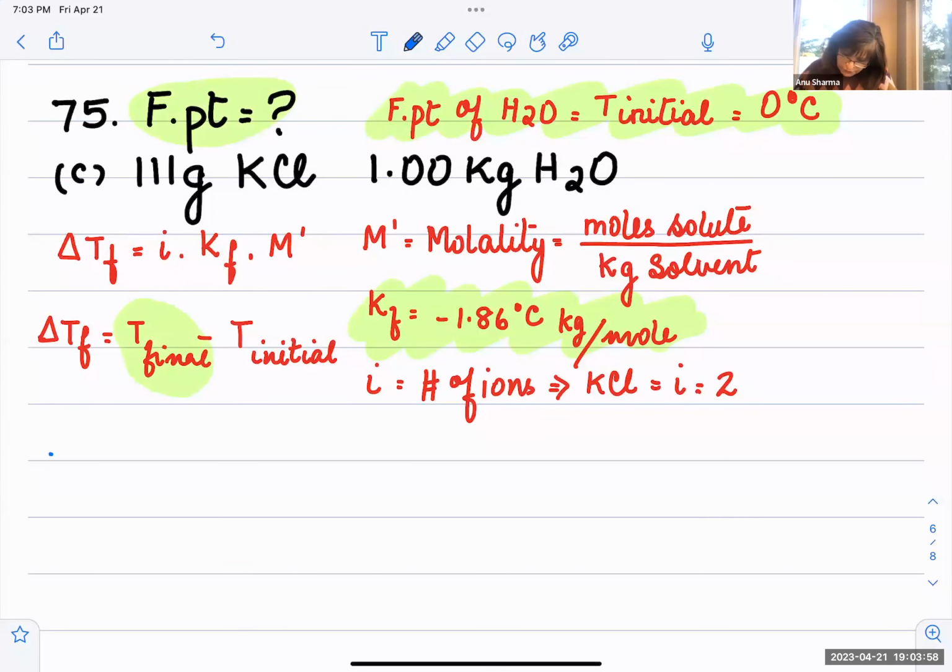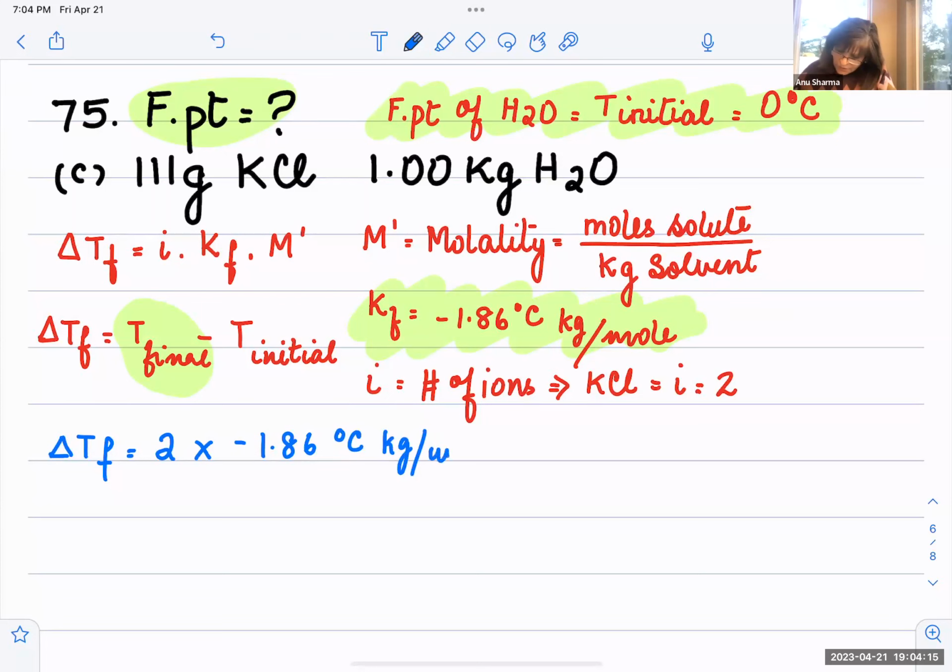Okay, so first find delta T_F. That is equal to i, which means 2, times negative 1.86 degrees Celsius kilograms per mole, times the molality.